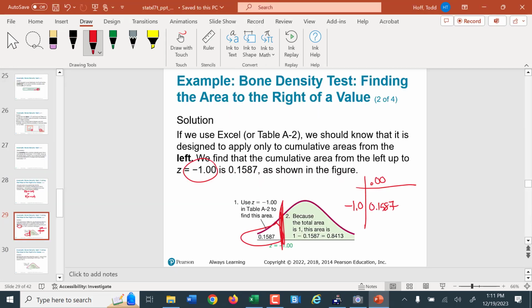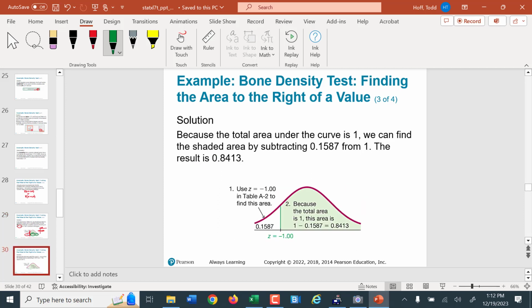But we want the probability of being greater. So the table and Excel are giving us the probability of being less. To get the probability of being greater, we use the complement. We do 1 minus the 0.1587 to get 0.8413. The probability that a randomly selected person has a bone density test score of greater than -1 is 0.8413.